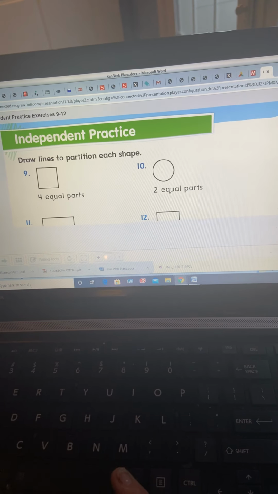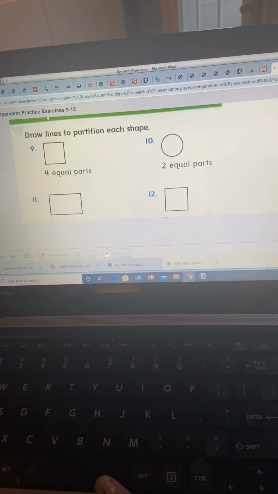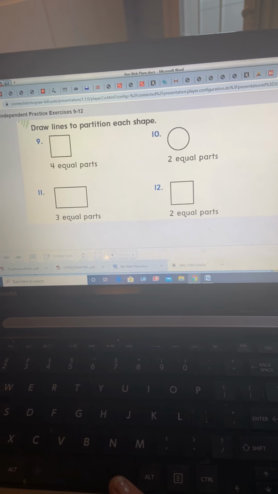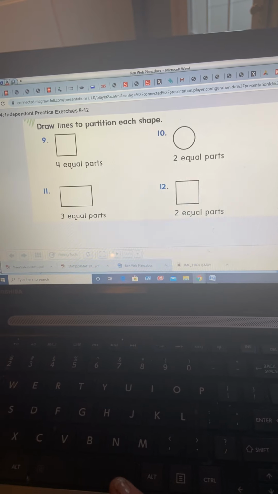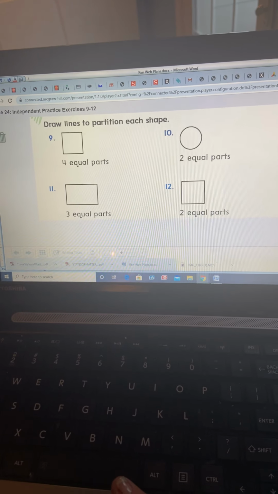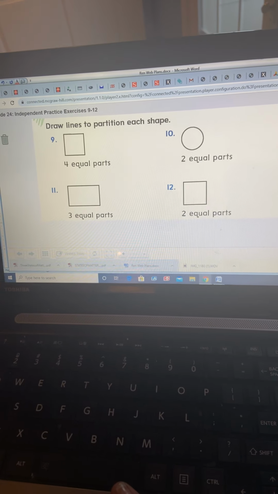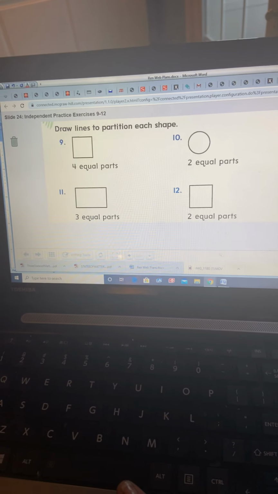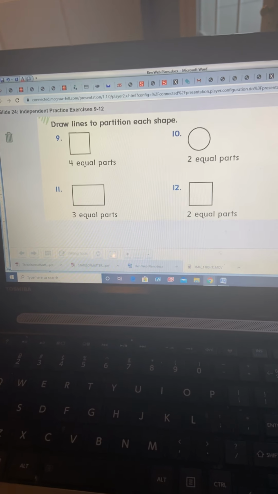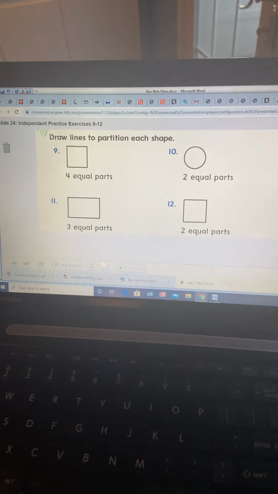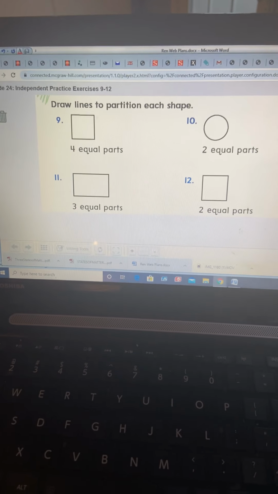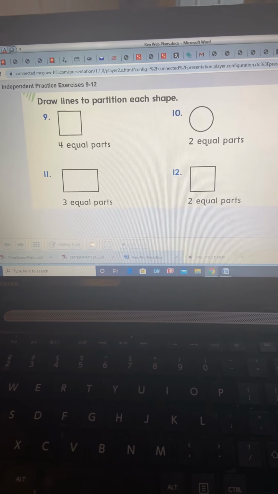Some more practice of dividing the shapes into 4 equal parts, 2 equal parts, 3 equal parts, and again 2 equal parts. So really the idea is where you can draw your line. You can go across, you can go up and down, and if you have your rulers from when we did measurement, definitely use those.